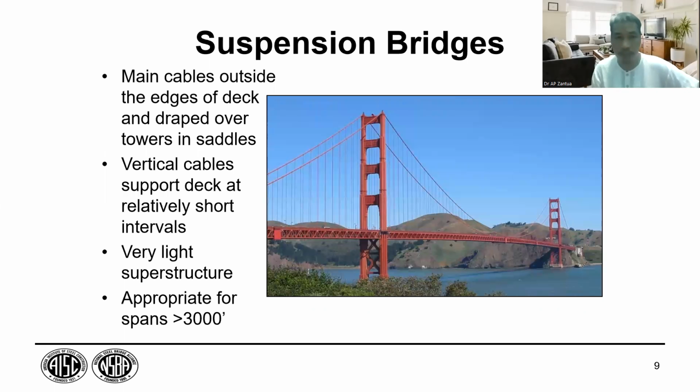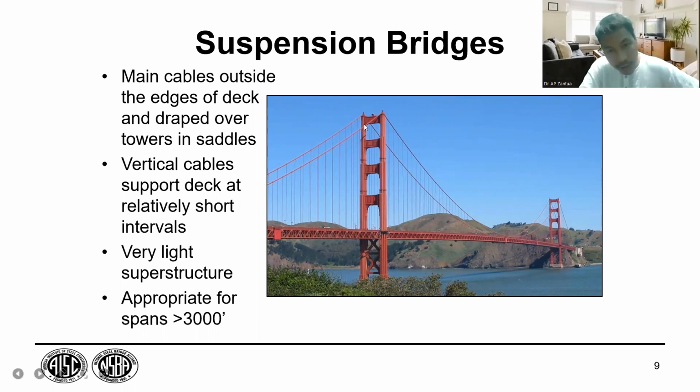So the next type is the suspension type of bridge. Suspension bridge. There are also vertical cables, much like in an arch bridge. The cables are vertical, but here the cable is suspended from another cable.